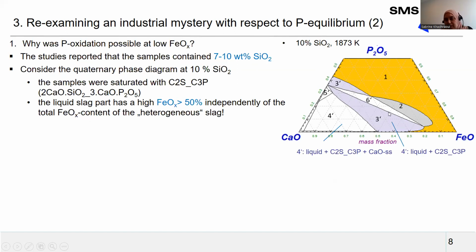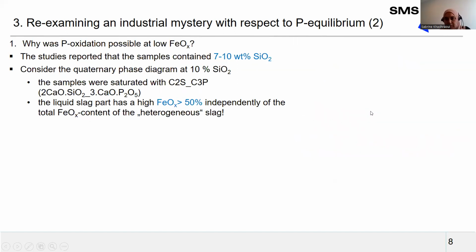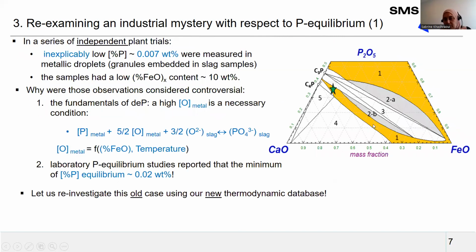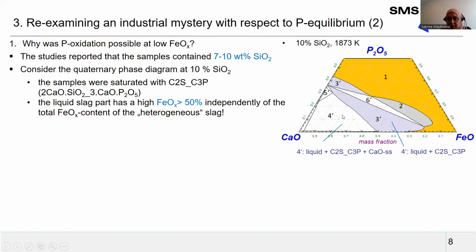If we compare with the previous diagram, the orange region no longer exists, and also this lower part of the miscibility gap disappears completely. Now we have this purple region, which I wanted to mark. It's an important region containing liquid slag and a so-called C2SC3P solution. This is how we call it, but it is actually the solution phase dicalcium silicate tricalcium phosphate.